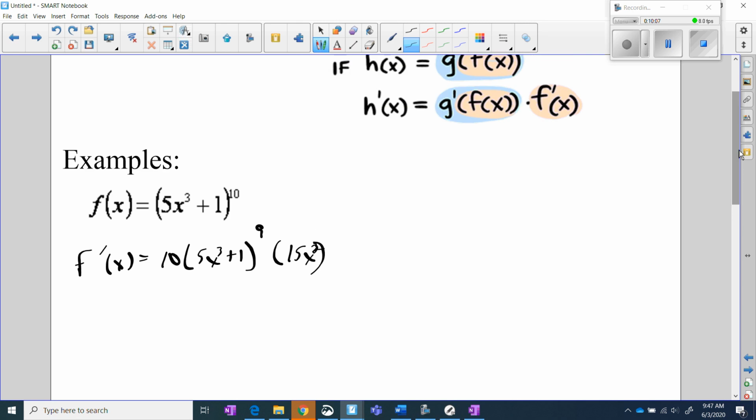That's your f prime of x, the derivative of what's inside the bracket. All right, so multiply by the exponent, leave the function as is, subtract 1 off the exponent, and then beside it, multiply by the derivative of what's between the brackets. That's referred to as the chain rule.